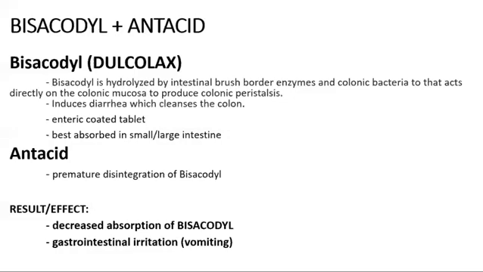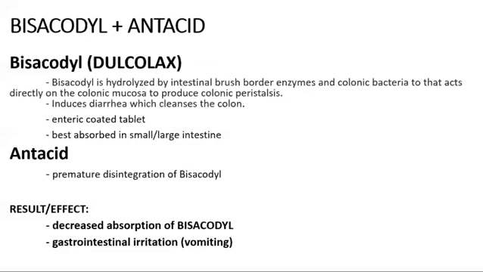Now, what will happen if pinagsabay mong inumin si Dulcolax and antacid? It will prematurely disintegrate bisacodyl. Yes, tama. Dapat kasi yung enteric coating niya, yung pangsangga niya sa acidic environment ng stomach. Now, if ma-alter yung pH ng gastric acid, mapapaaga yung disintegration ng bisacodyl. Tapos ano ang after ng disintegration?